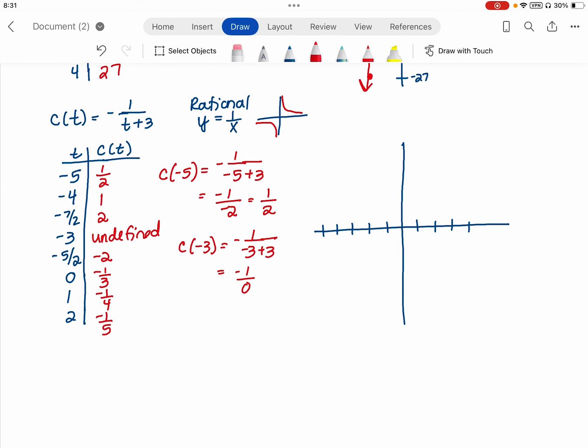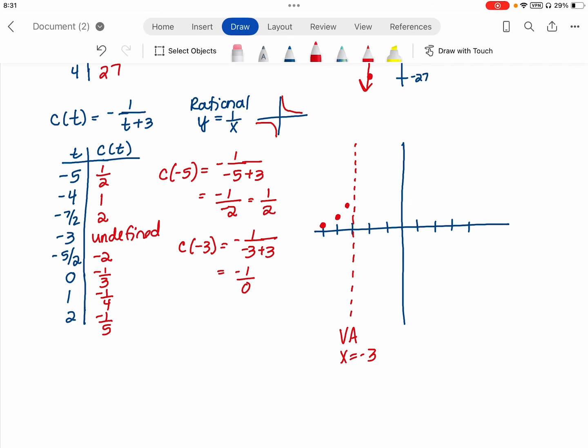So we've got -5 and 1/2, so we're going to be just barely above that x-axis. Then at -4, we're going to go a little higher. At -7/2, which is like -3.5, we're just a little bit higher. At -3, it's undefined, so that is going to be that vertical asymptote, and this is something we'll learn more about as we progress in the semester.